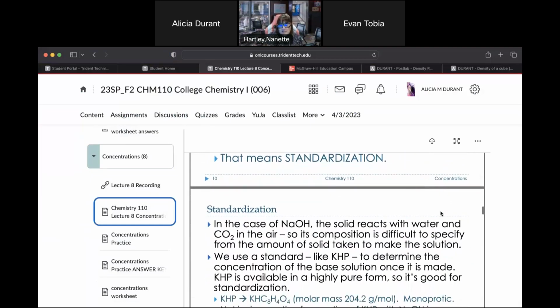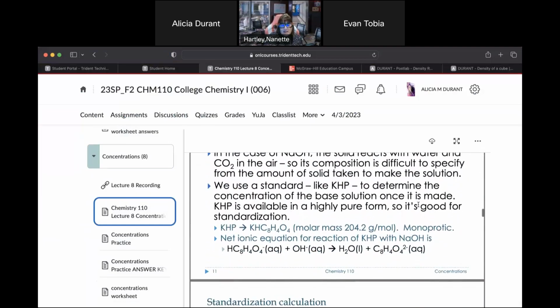So we use a standard like KHP, and KHP is KHC8H4O4. Molar mass is 204.2. I thought I had that written down somewhere. It's lecture 6.